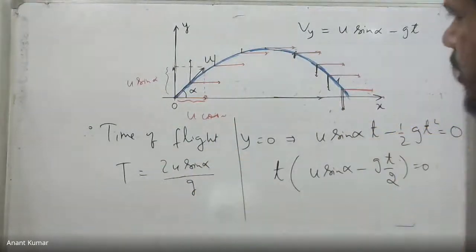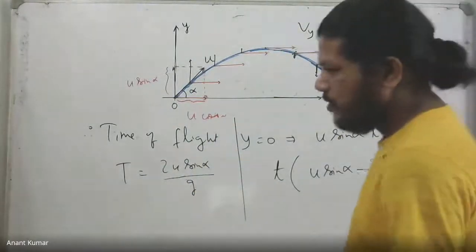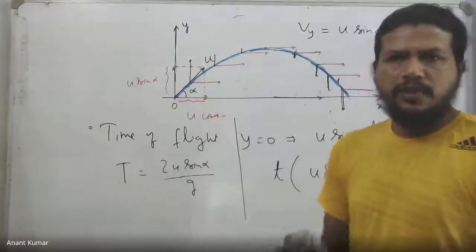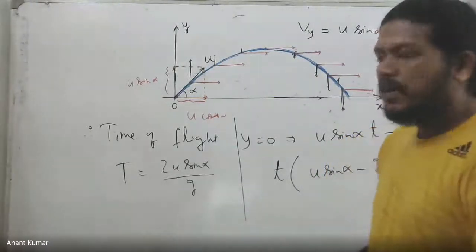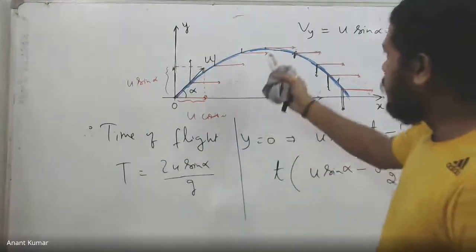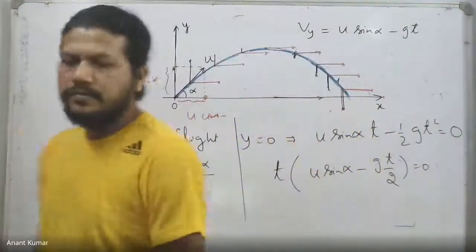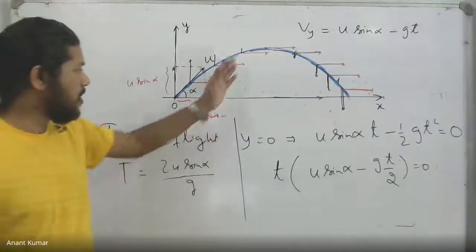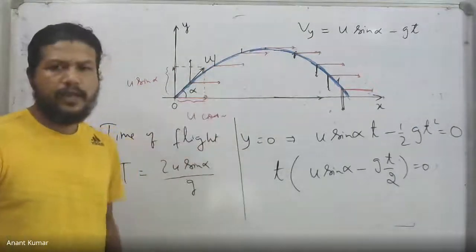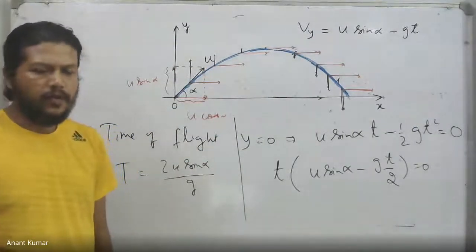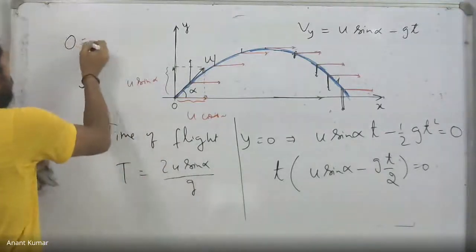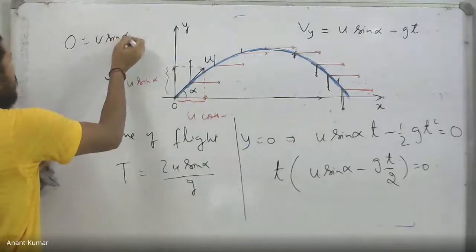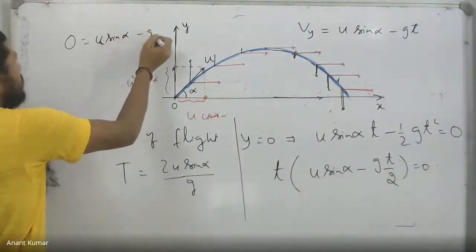Before that, Vy was always positive. Therefore, y must have been increasing. Only at the point when Vy becomes zero will y become the maximum. And therefore, I can find the time to reach there by using the fact that at that point Vy is zero. So we get 0 equal to u sine alpha minus gt.